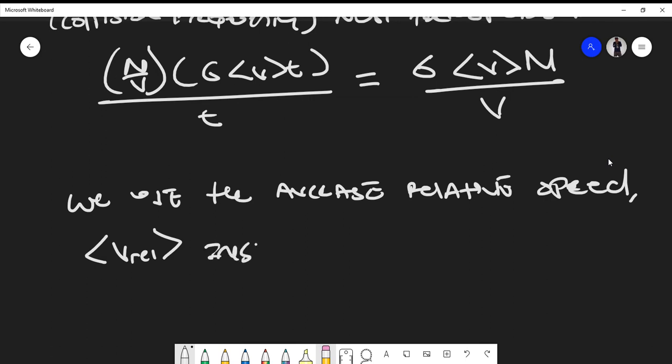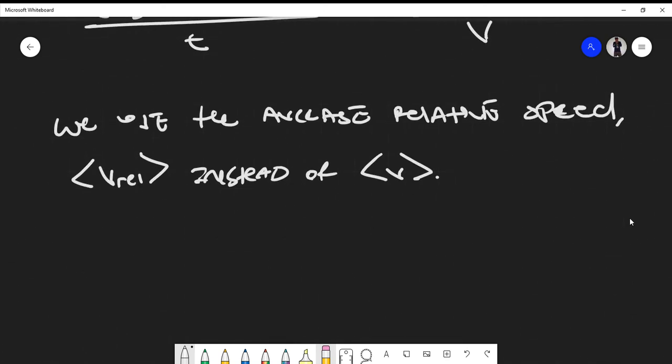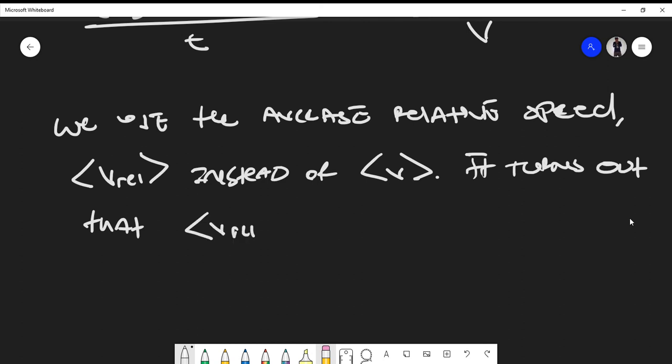We use that instead of v because the molecules are not really stationary. It turns out that the average relative speed is equal to the square root of 2 times v.